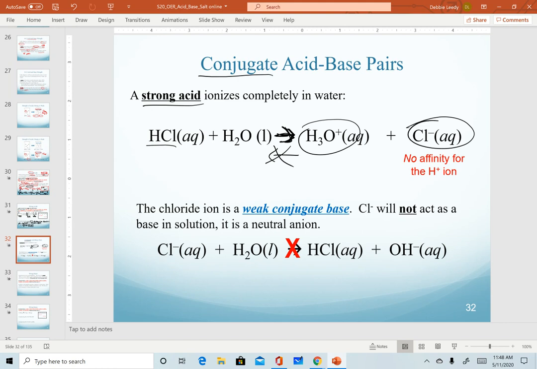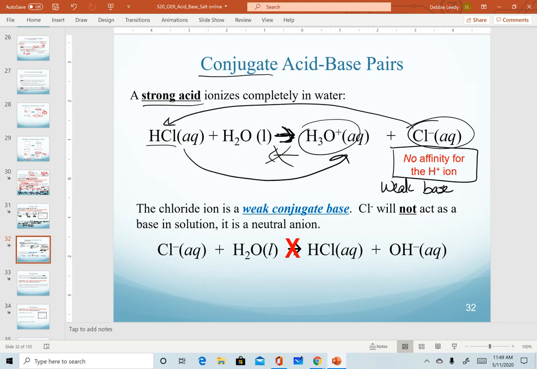And so because it doesn't go in the reverse direction, it means that this chloride ion has no affinity for a hydrogen ion, meaning that chloride is a very, very weak base. It doesn't want to grab a hydrogen ion to reform HCl. Even if it did, and this reaction went in the reverse direction, HCl would simply just dissociate again.